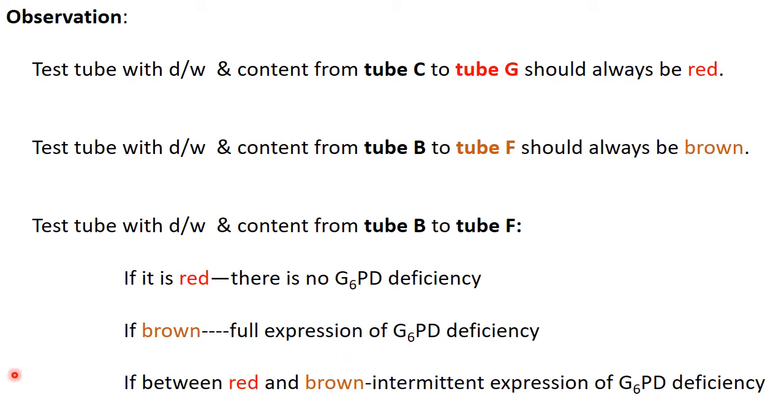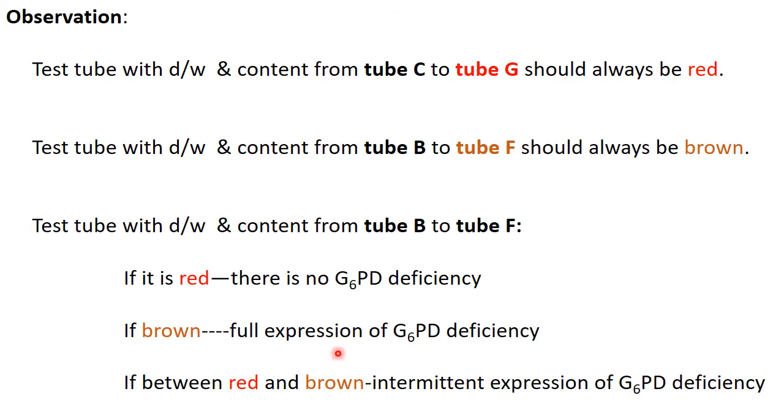That is, the C test tube and the B test tube, followed by G test tube and F test tube, should be red and brown only. Now test tube with distilled water and content from B to F, if it is red, there is no G6PD deficiency.